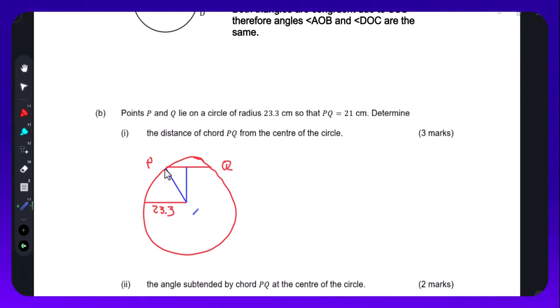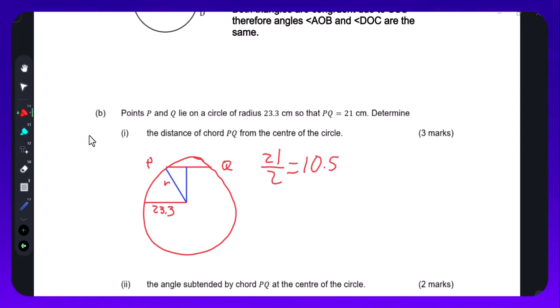This diagonal one here is going to be the radius. And from one side of the chord to the part in the middle, which will line up with the origin, no matter where we had drawn the chord, that is obviously going to be half of the chord. So that's going to be 21 over 2, which is 10.5.